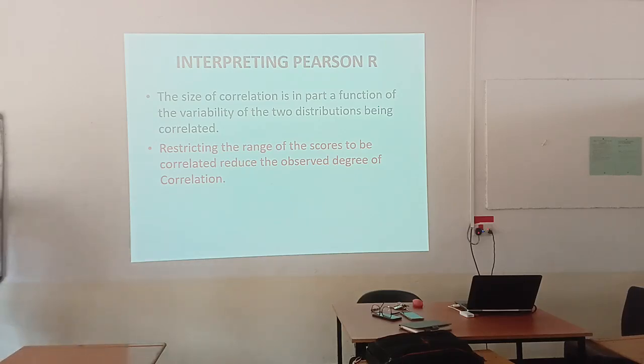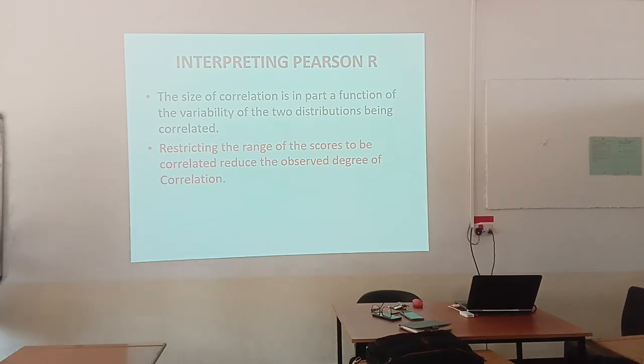Let's say that's the population. And you wanted to come up with a sample to conduct your study. And in your sampling method, you only ended up sampling those students. Now let's plot a scattergram or a scatter plot for those.